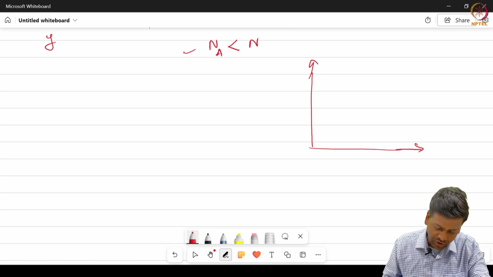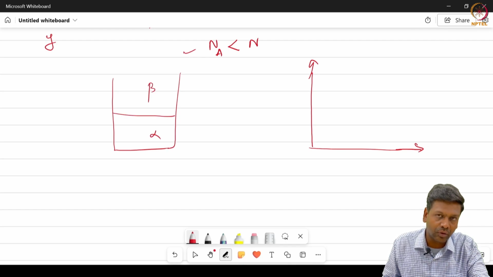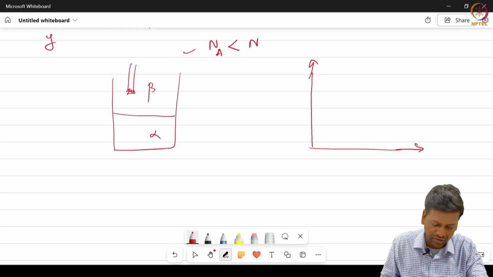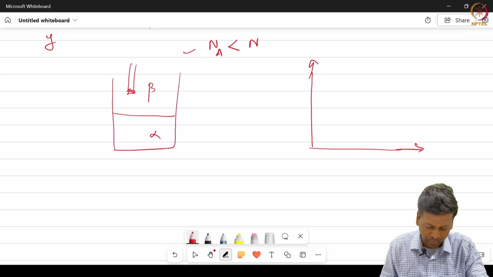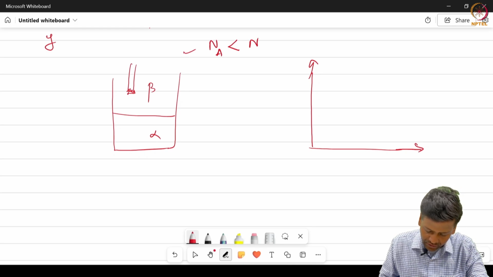So now let's say I have the container in which I got two phases, one is alpha phase, another one is beta phase. Now I'm going to introduce some sort of a probe. This will measure some property in the bulk and adjoining phases. So if I do that, I understand that.